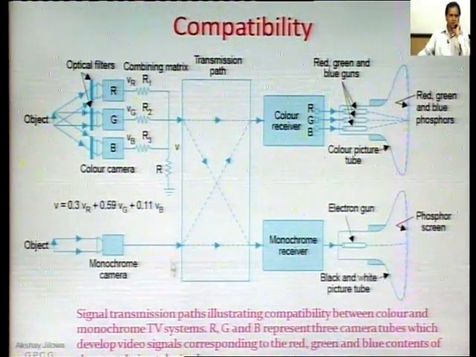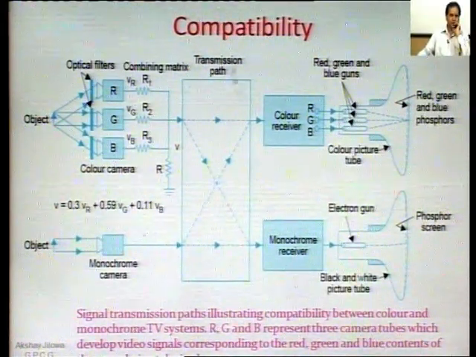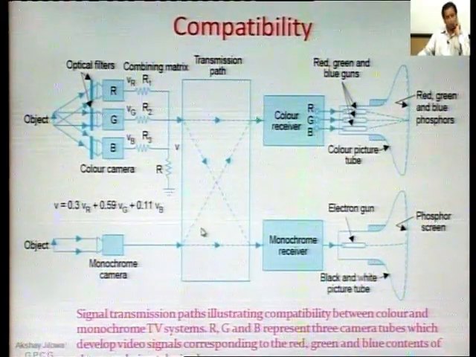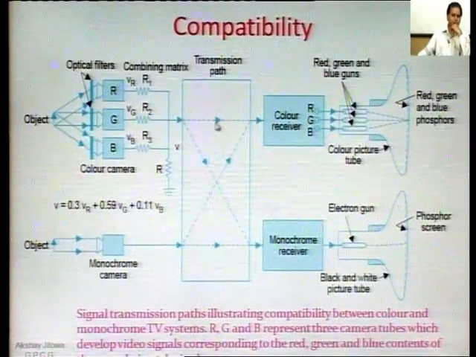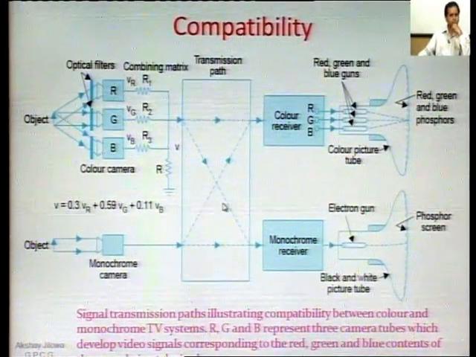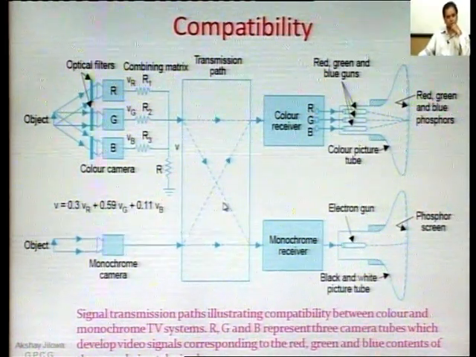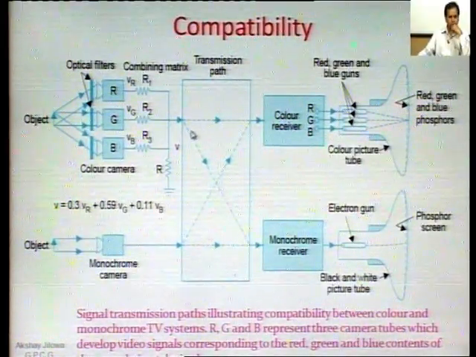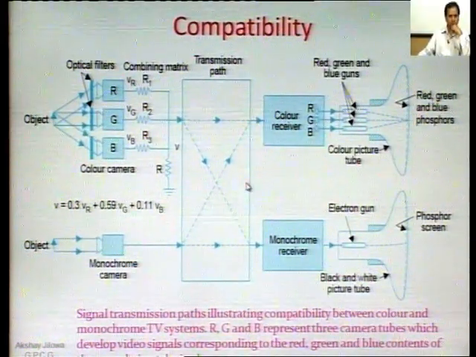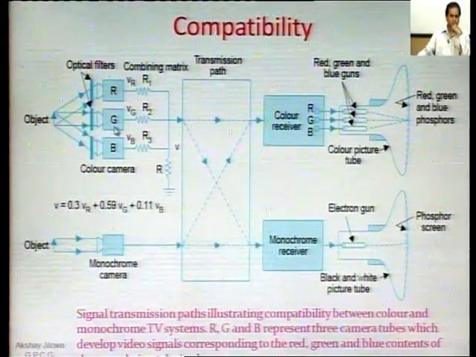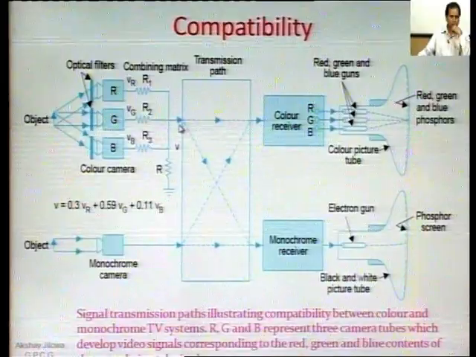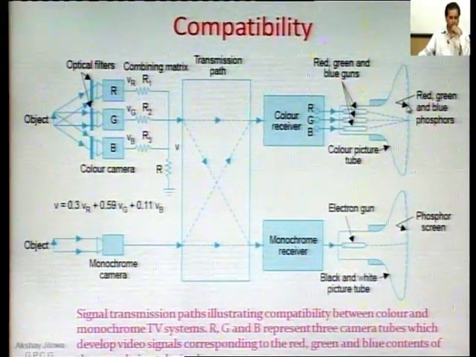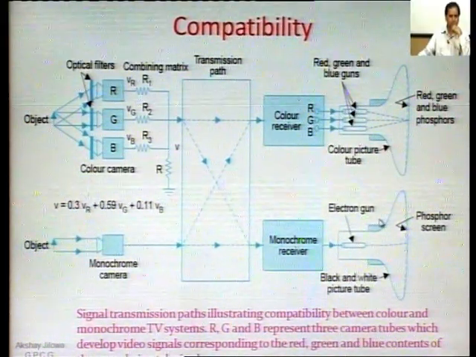This is the transmission path, and in the transmission path it is the same frequency, the same position, and the same bandwidth which is required for both systems and is being used for both systems. These arrows show the compatibility: if it is a color picture, it can be displayed on a color receiver and also on a monochrome receiver.